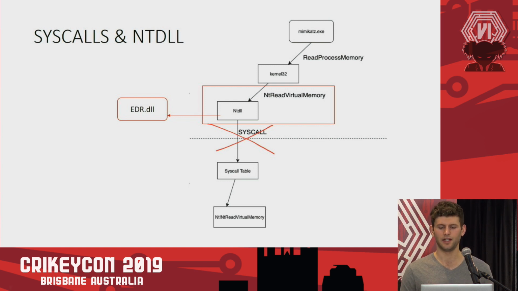Then their DLL will verify the operation in user land and determine if it's something they want to go ahead or not. If it is, they'll do the syscall and jump it in. If it's not, first they'll log the operation, do all sorts of stuff, and then reject the operation.